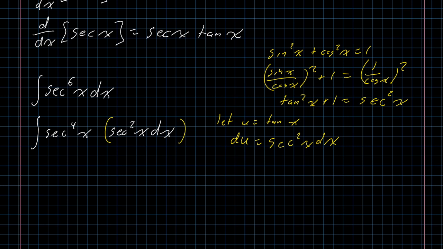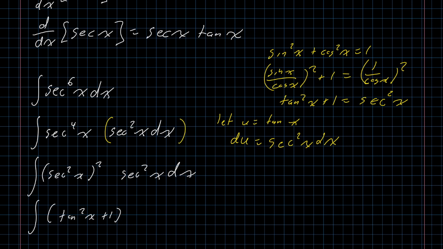We'll use that right here, and I'll rewrite secant x to the fourth as secant squared x, squared, and then that is tangent squared x plus 1, squared, times secant squared x dx.